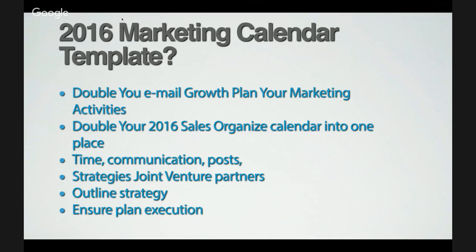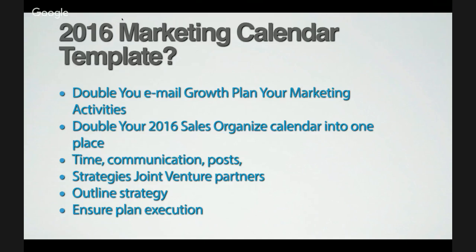And then finally, most importantly, this is how we can ensure our plan execution. What I mean by that is when we can put our marketing plan and our calendar down on paper, we can give it to our virtual assistant or our team, who can then execute it for us.